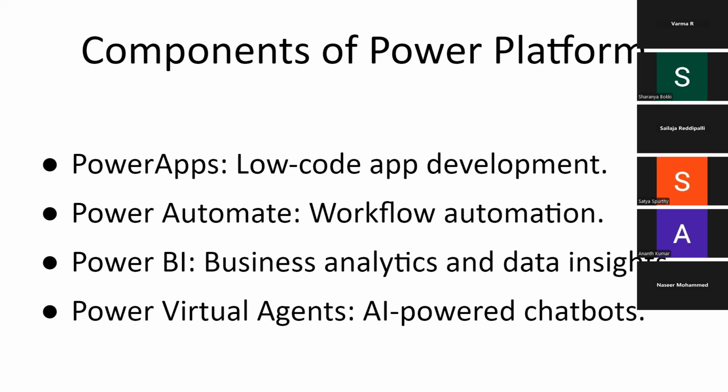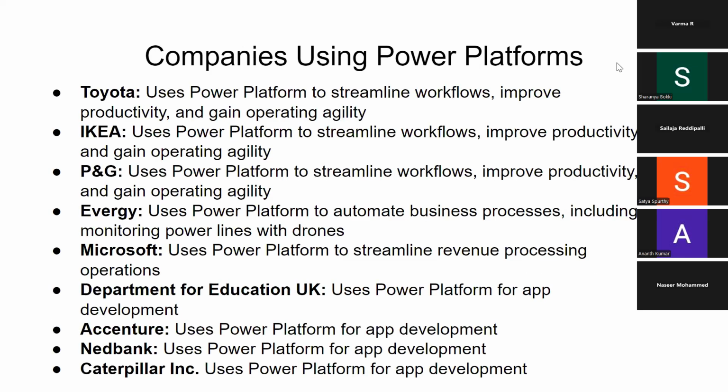Now, you would also want to know which companies are using Power Platform. We have Toyota, we have IKEA. These are giants in their own sectors. Toyota is an automobile giant. They use Power Platform to streamline their workflows, improve their productivity, and also in their operations.